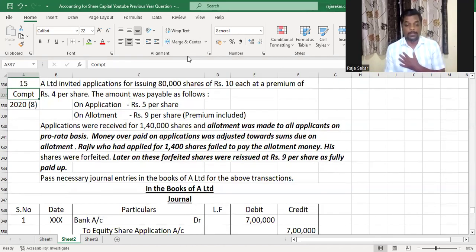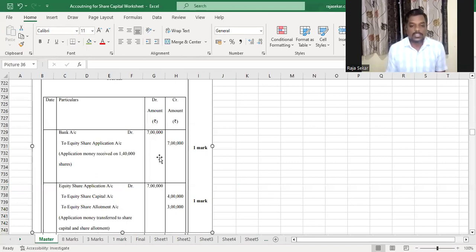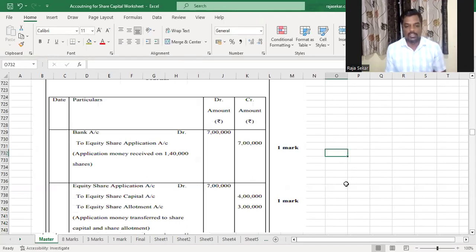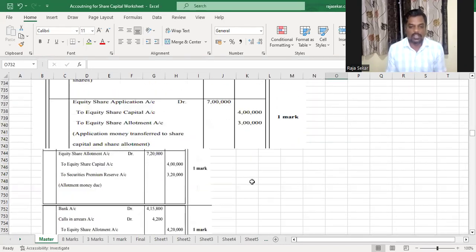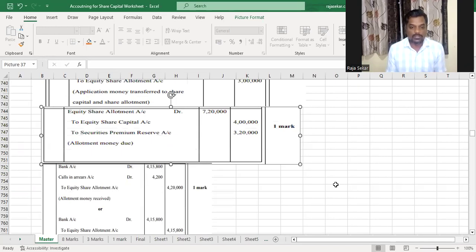Just give me a second. I'll show you the solution from the previous year, from the board that was given as a suggested answer. So this is the solution, my dear children. I hope you can see it, it's a little small. Kindly excuse me. Next time I'll show a bigger image. So as you can see, bank to equity share application 7 lakh, equity share application to equity share capital 7 lakh, 4 lakh, 3 lakh. And each of these journal entries has 1 mark, if you notice.